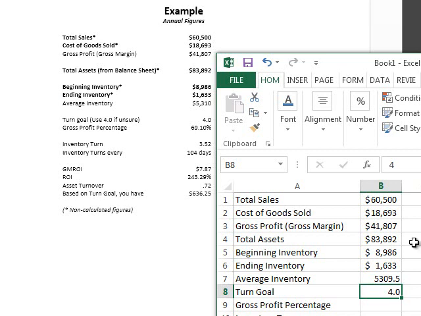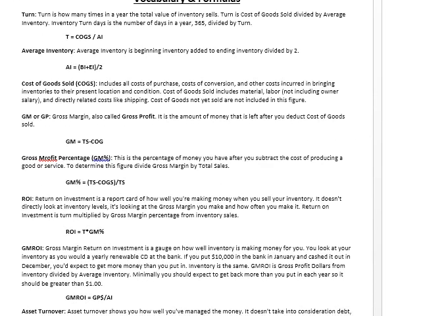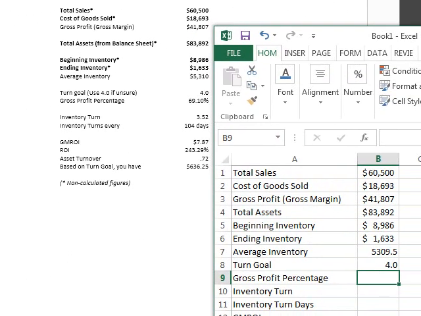We've set our turn goal at 4, and we're ready to move on to gross profit percentage. I see we have an error here, so we'll fix that real quick. There we go. To do our gross profit percentage, first we want our equal sign, then parentheses, TS, we're just following along.